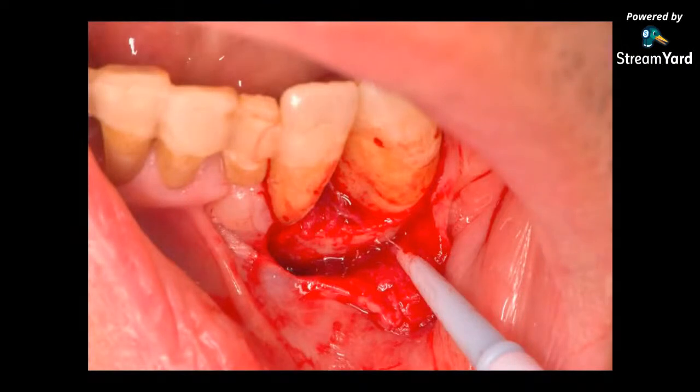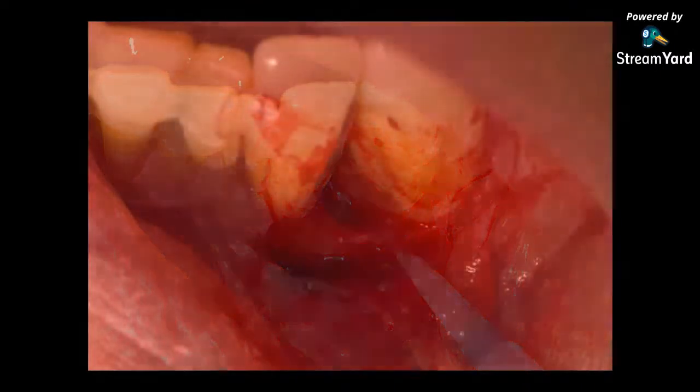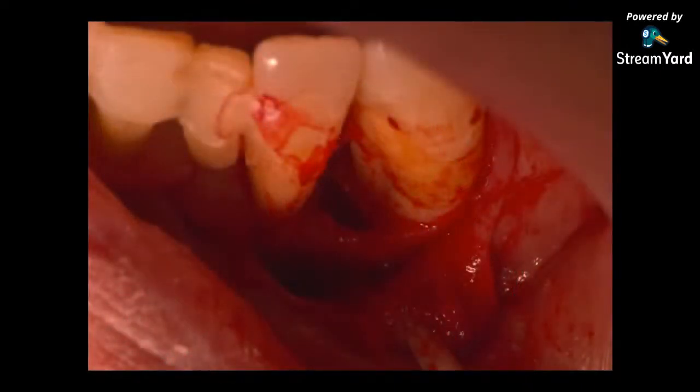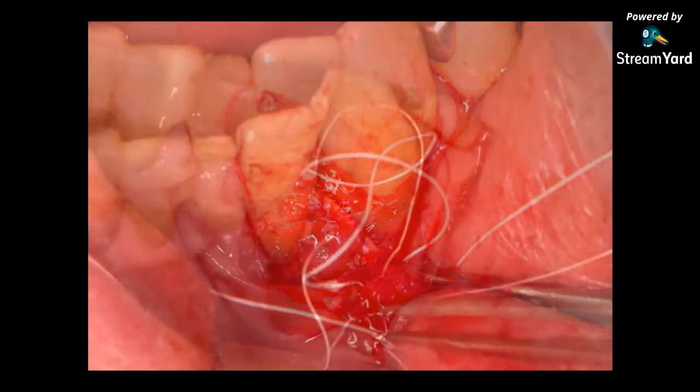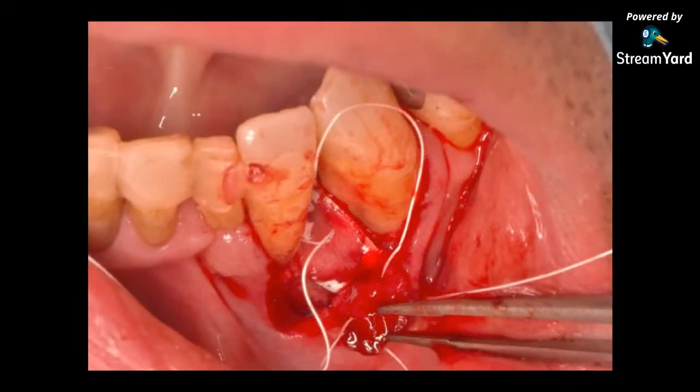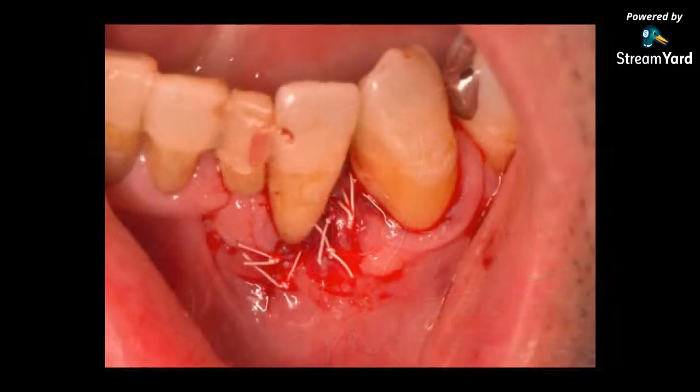So after the initial treatment, I did regeneration surgery as well. After removing all the granulation tissue, you can see the three-wall bone defect, and we put some biomaterials, bovine bone mineral and Emdogain, and a membrane as well this time, and sutured.